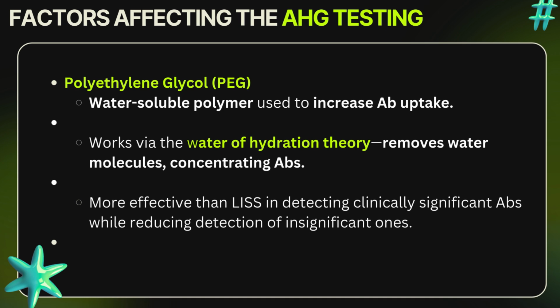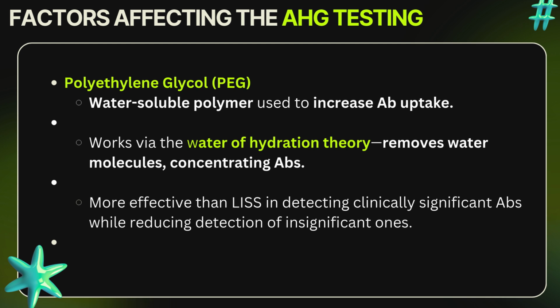We also have PEG or polyethylene glycol. It is an important factor in AHG testing we're focusing on in this slide. So PEG is a water soluble polymer that assists in increasing antibody uptake. It operates based on the water of hydration theory. Essentially, PEG works by removing water molecules, which in turn concentrates antibodies.